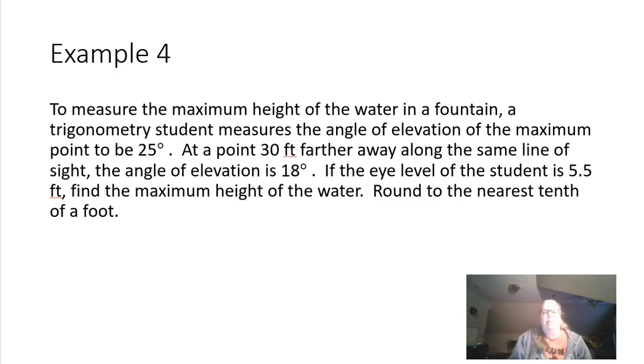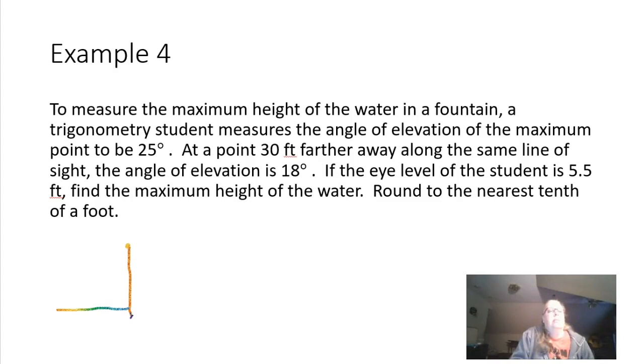All right, let's see what our picture is going to look like here. Let's say we've got our water fountain right here, and this will be the maximum height that the water fountain can be. Right here, this is the line of sight for the student who's hitting the base of our fountain.